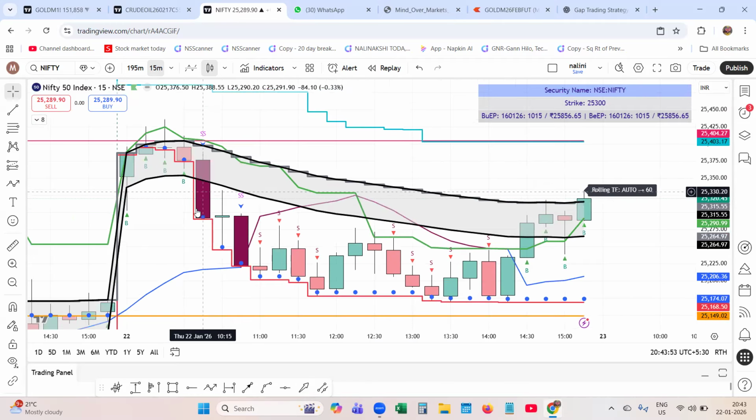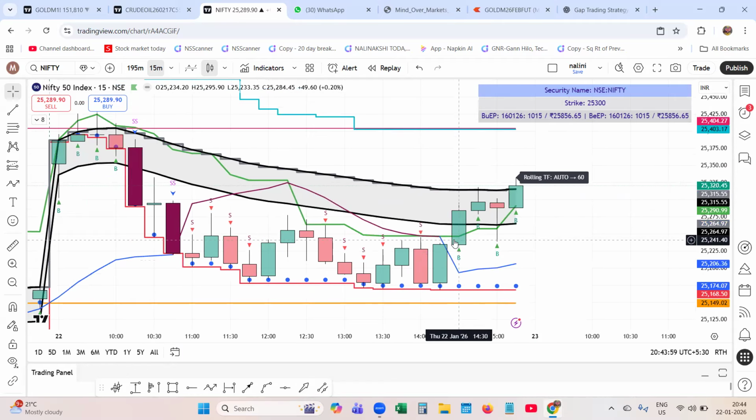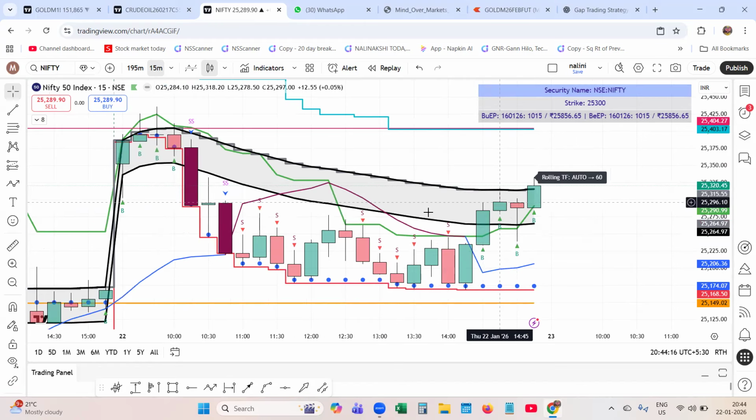Price broke down below the value area low and the option zone, and around 215, 230 the market started moving. This was initiative buying in the market, and the market direction resumed.